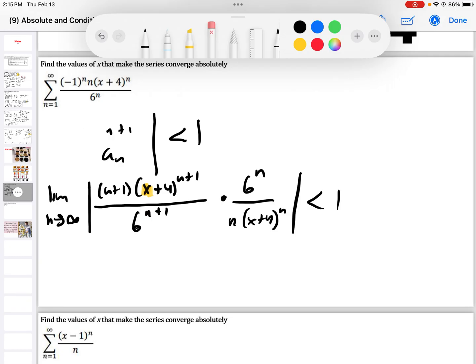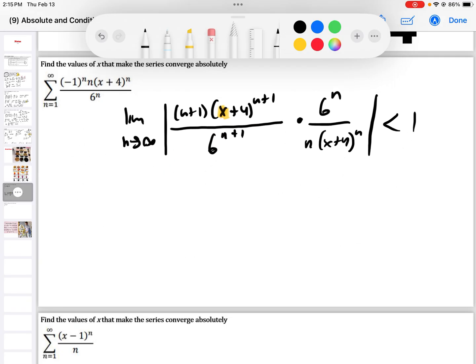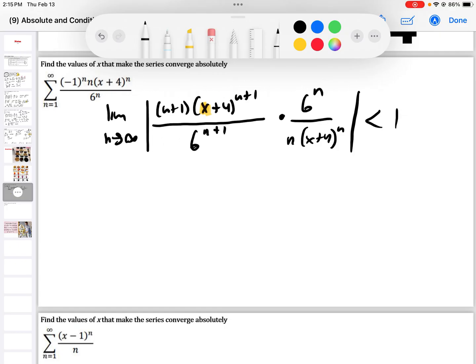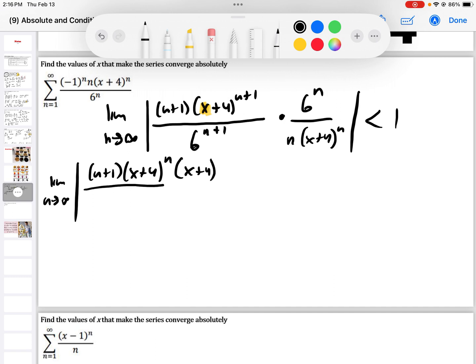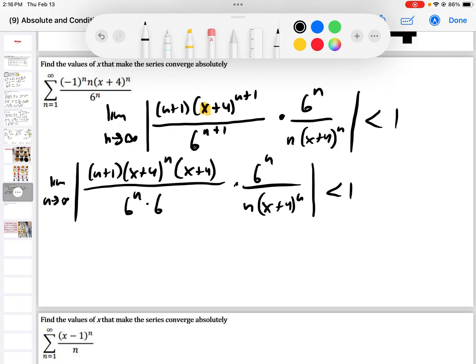I need more room. I should have written smaller. So we're solving this. Now let's rewrite the terms. The n plus 1, I can't rewrite, but I can rewrite x plus 4 to the n plus 1 as x plus 4 to the n times x plus 4, over 6 to the n times 6, times 6 to the n over n times x plus 4 to the n.